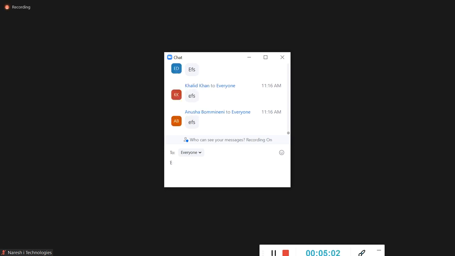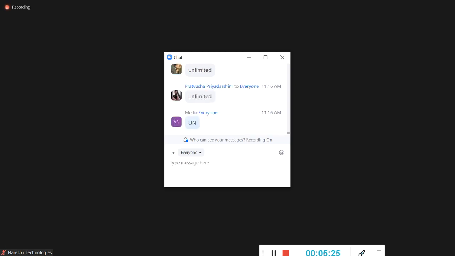EFS. What is the full form of EFS? Elastic File System. EFS is completely managed by AWS. EFS is limited storage or unlimited? Unlimited storage.